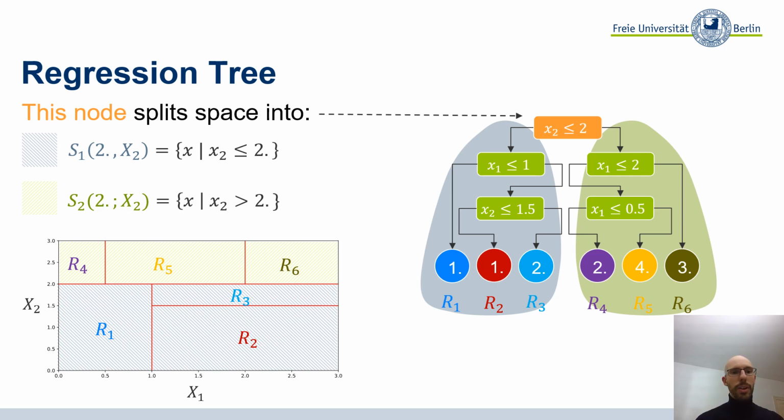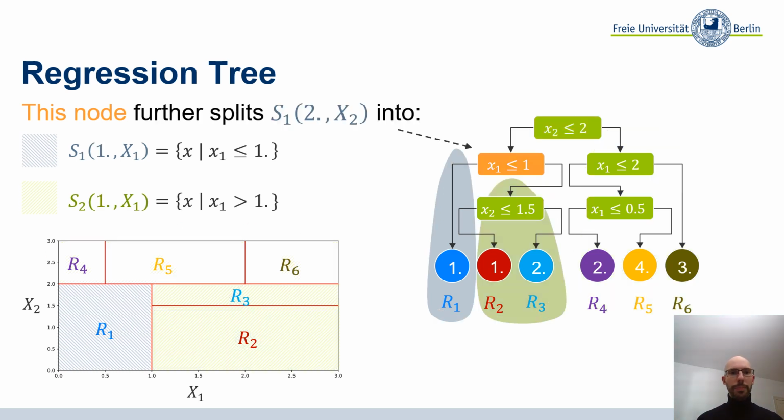And so if we look at what this looks like in our space, we get a split like this. So this half of the space is going to be everything down here, and our second half of the space is going to be everything up here.